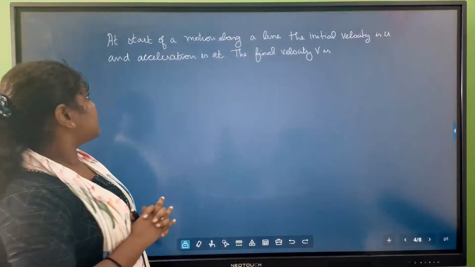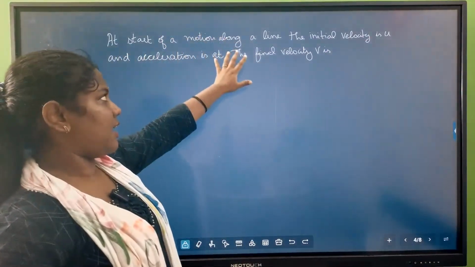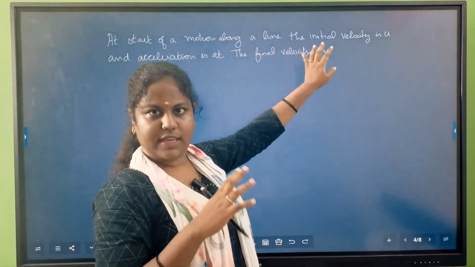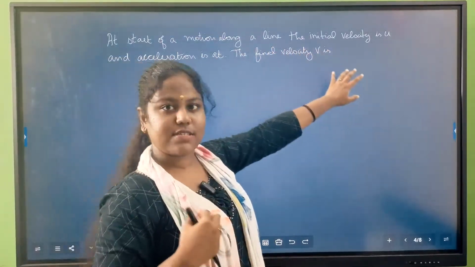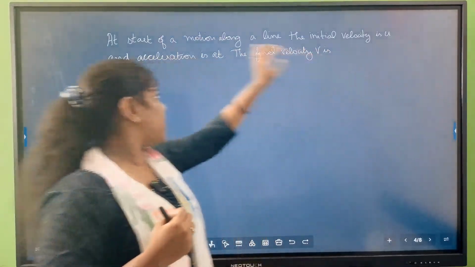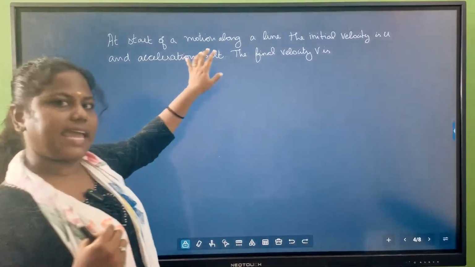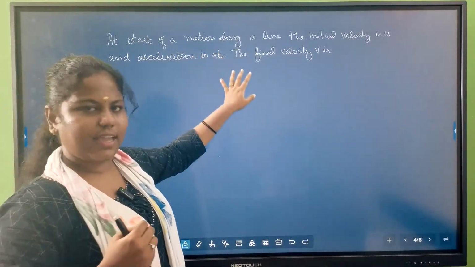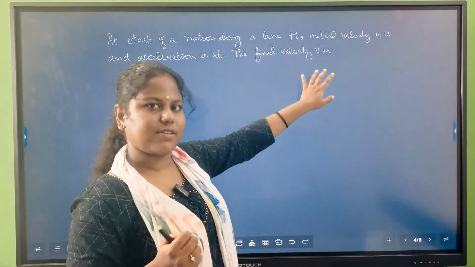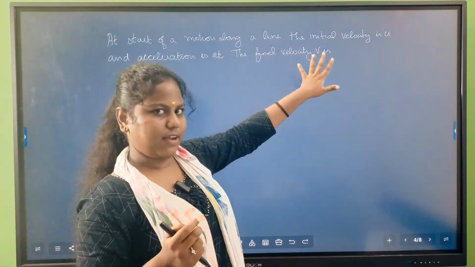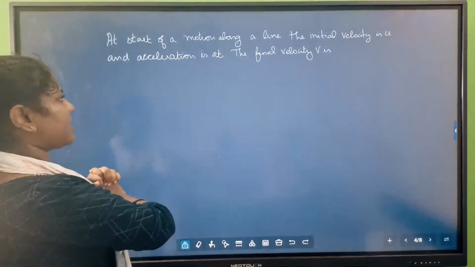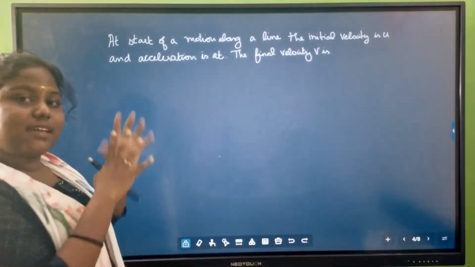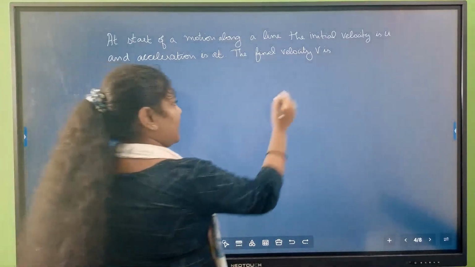What is the next sum? At the start of the motion along a line. So the motion is along the line. அதுல initial velocity என்னவா இருக்கு u ஆ இருக்கு ஓகேவா, and your acceleration is at, acceleration சொல்லிட்டாங்க, and what is your final velocity. So they are asking for final velocity தான் கேட்டிருக்காங்க. So இது எந்த equation ஓட ரிலேட் ஆகுது? We have three equations, right?